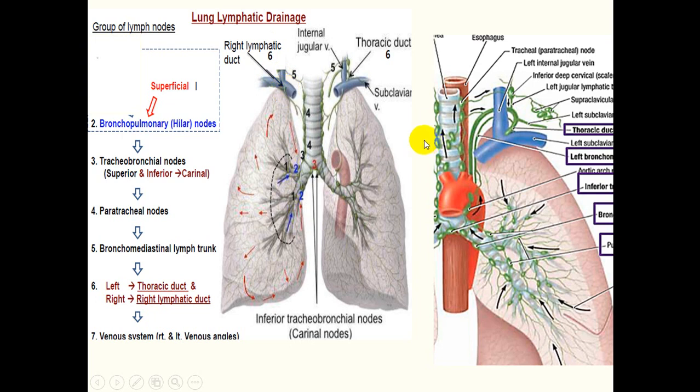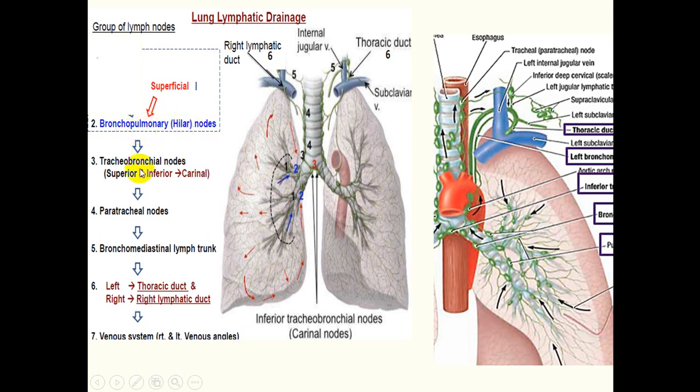The deep lymphatics lying along the walls of the branches of the bronchi drain into pulmonary nodes, and the pulmonary nodes are present around the tertiary bronchi and secondary bronchi, and then they drain finally into the bronchopulmonary or hilar lymph nodes present at the hilum.